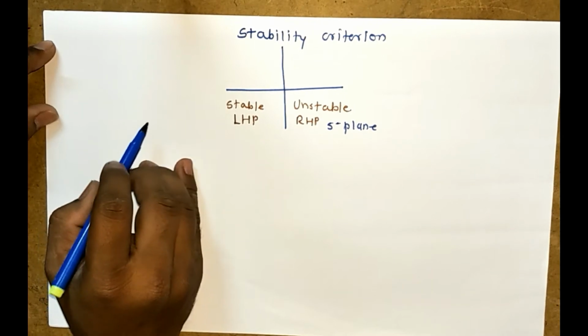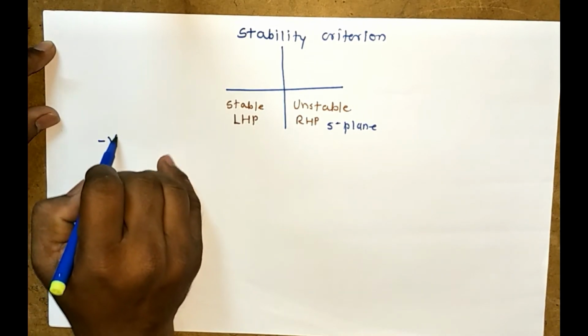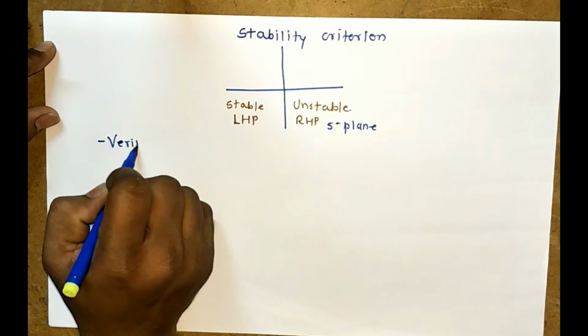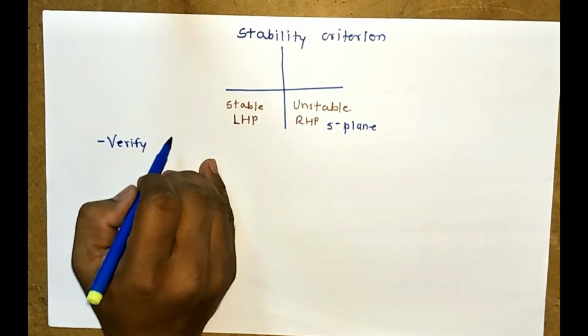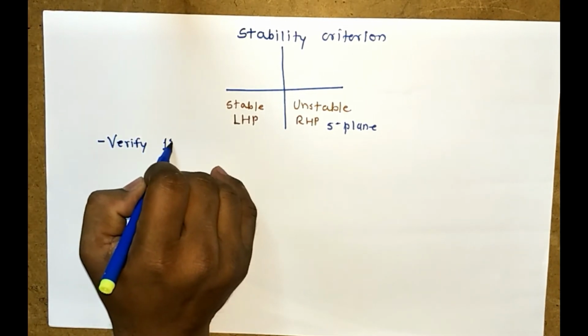Verify the first column of the Routh array.